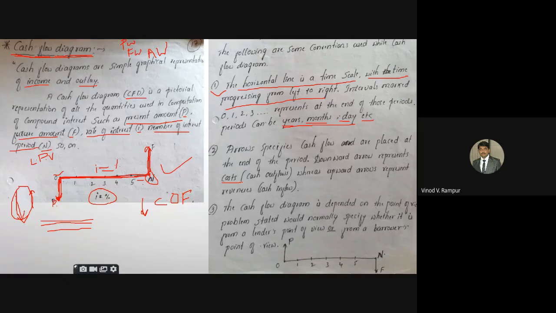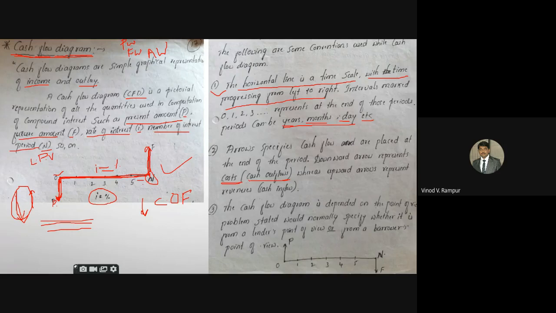Remember, cost is nothing but a cash outflow. Whenever you purchase any product, you ask what the cost of the product is. That means you are paying that money, the cash is going out from you, and that is recorded as a cost.